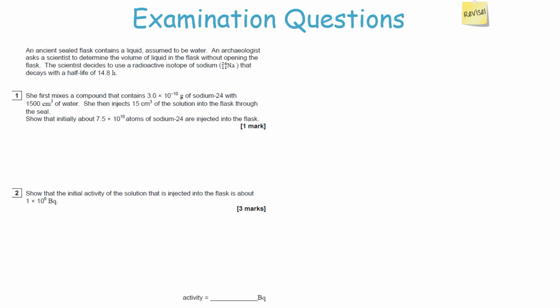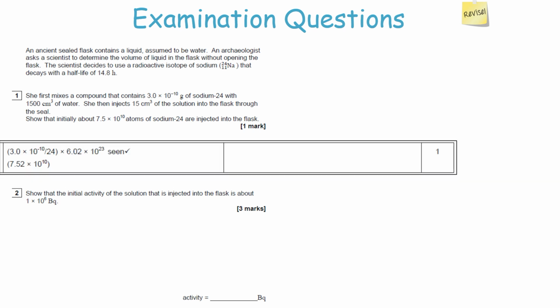So the first thing we need to note is we've been given the mass of the sodium in grams, so we can turn this into the number of moles of sodium that we've got. We can turn this into the moles of sodium by doing the mass in grams divided by the Mr of sodium, which you're told in the question is 24.